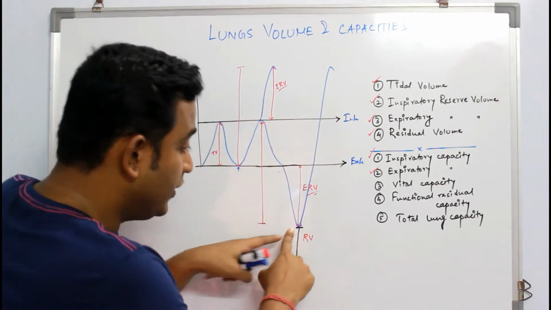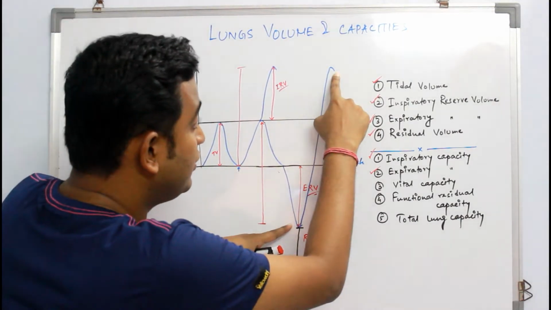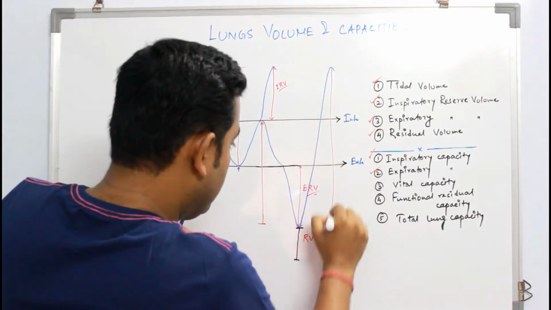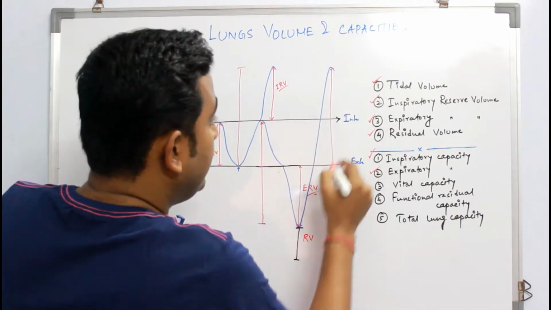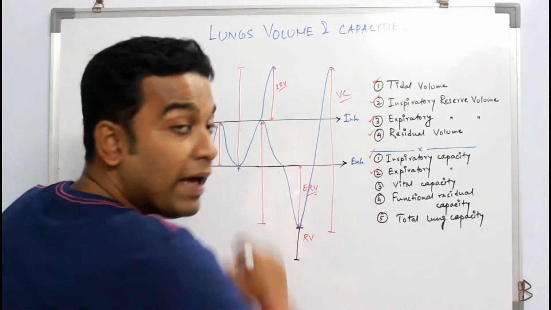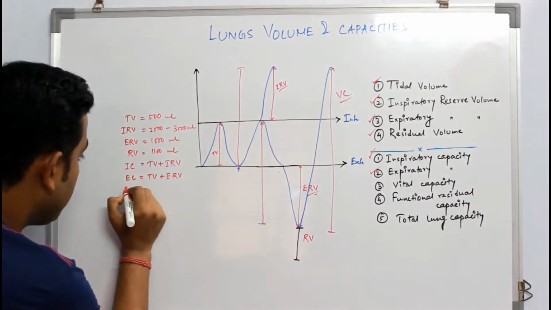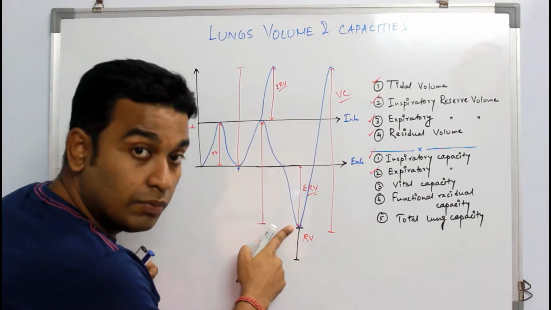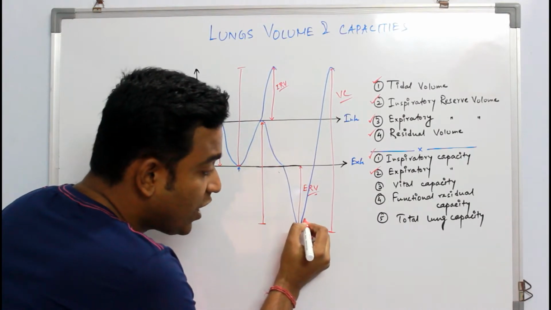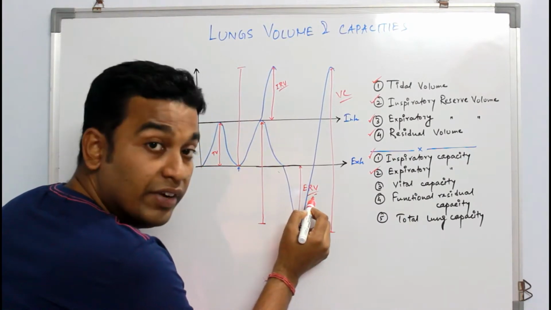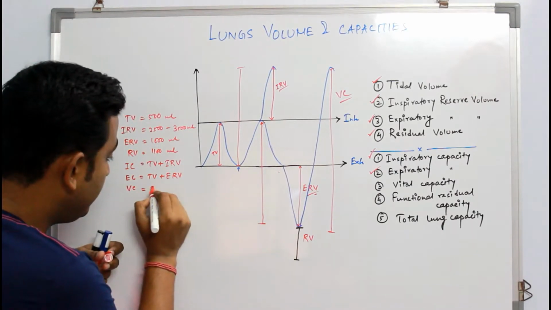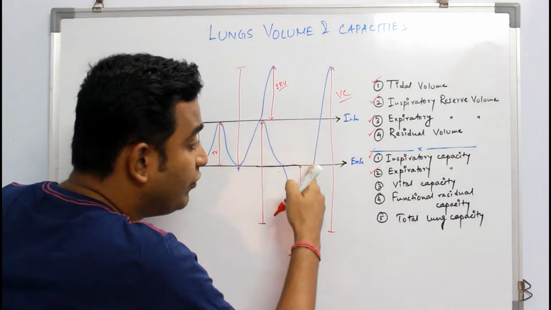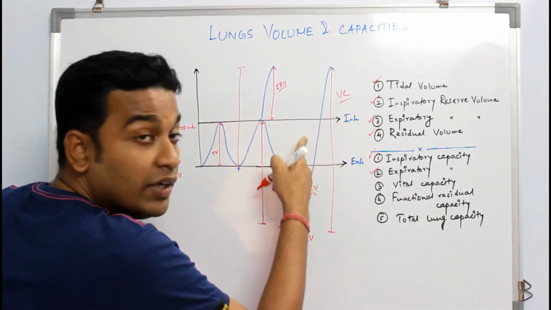Means from here till this, whatever length, if you go by length now, is what you call a vital capacity. So write it here, vital capacity is equal to, let's begin from the bottommost part. So from here you are coming up, that means you are covering the ERV. So write it here, ERV plus, once you cross the ERV, you are in the zone of tidal volume.